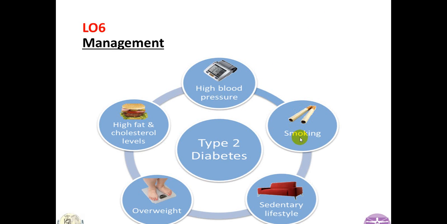If he has a sedentary lifestyle, he should do physical activity. If he is overweight or obese, we should try to help him lose body weight. And of course, to avoid high fat and cholesterol levels, because people with type 2 diabetes usually have high lipids in the blood, hyperlipidemia.